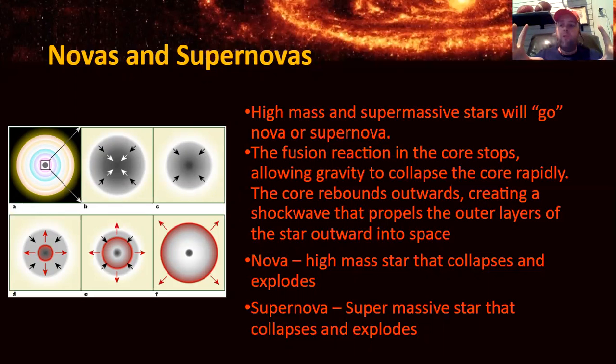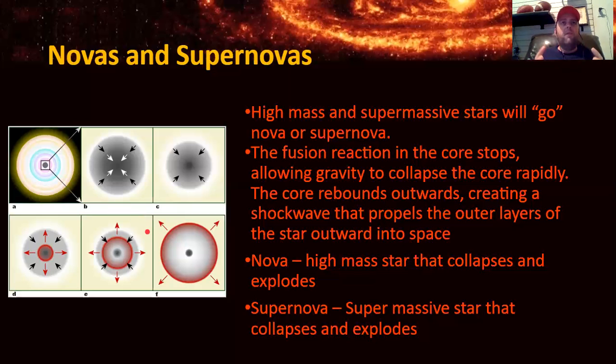As it burns through hydrogen to helium, it'll shrink down. From helium to carbon and oxygen, it'll shrink down and heat up even more. Once it uses up all of its nuclear fuel in the core, the gravity wins. And so the star clamps down and then the shock wave rebounds it back out. That's what this diagram is showing.